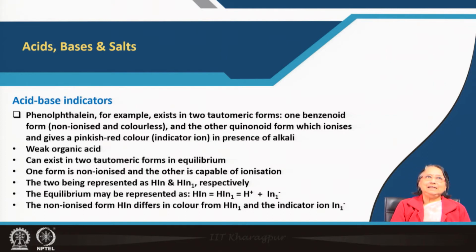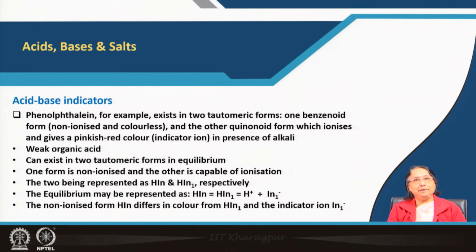You all know that indicators are very important in titrations, and we know that there are many different kinds of indicators depending on what type of titration I am doing. We have to choose the indicator. For example, there are acid base indicators which we use for acid base titrations.